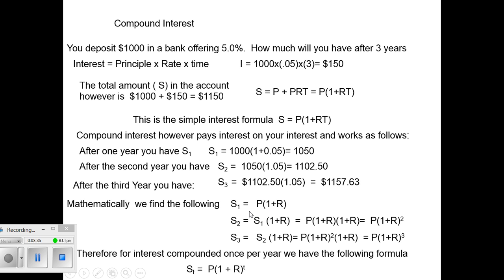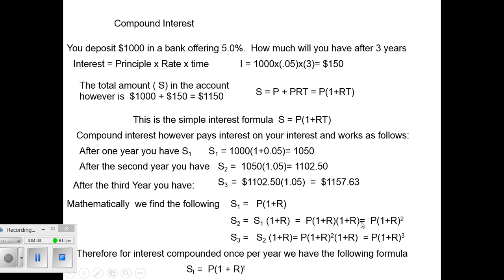Now that becomes how much you have at S1, and that earns the interest. So S2 is the amount you have after the first year, S1 times 1 plus R, but S sub 1 by substitution comes back up here. So you have principal times 1 plus rate times itself. So it's P times the quantity 1 plus R squared.